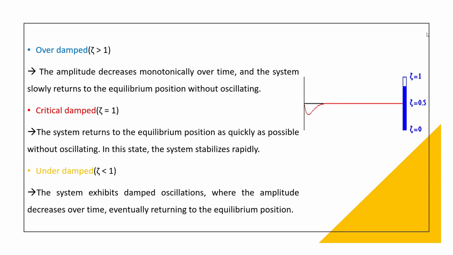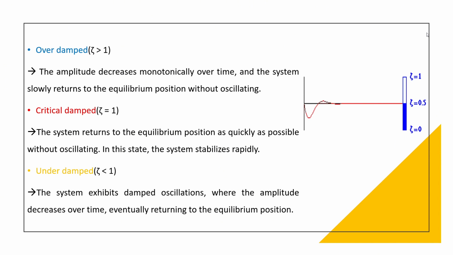On the other hand, when the system returns to the equilibrium position as quickly as possible without oscillating, we call this situation critical damped. In this state, the system stabilizes rapidly.